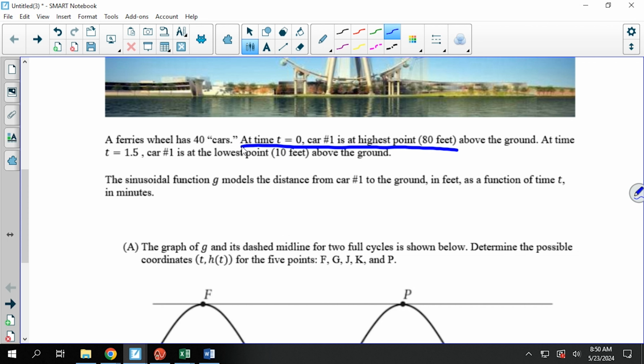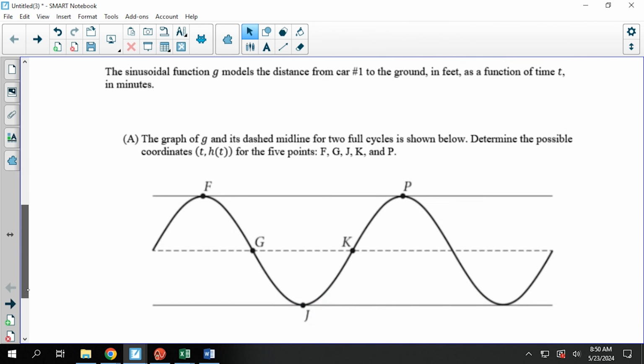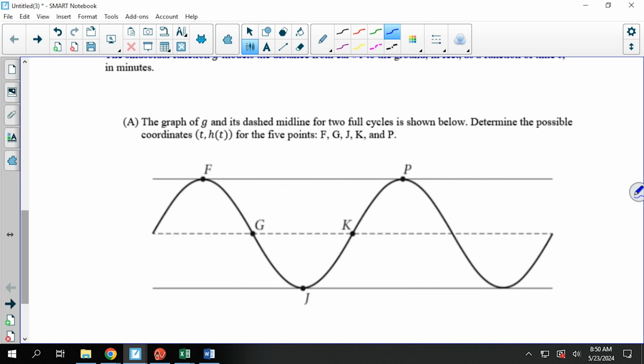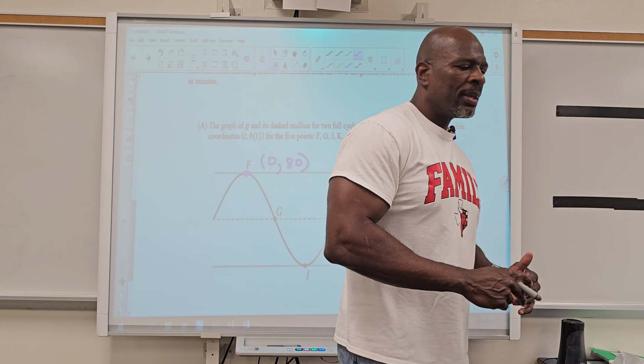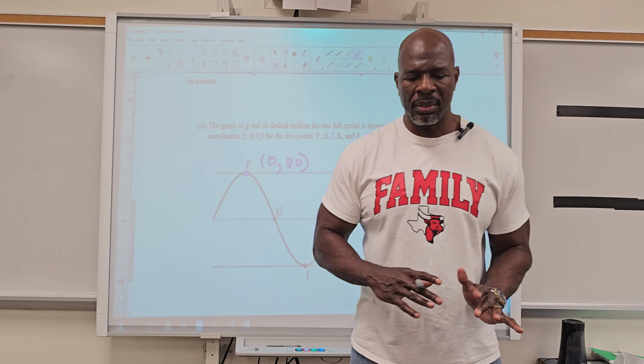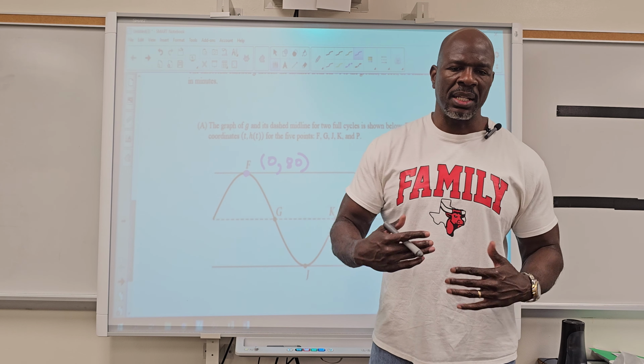So that means what I can do, let's point right here, F, the time that occurs, the t coordinate is 0, and of course, the h of t coordinate is 80. You see, it's pretty easy to manage. Now, there's one thing to be careful about, something that's gotten some students.